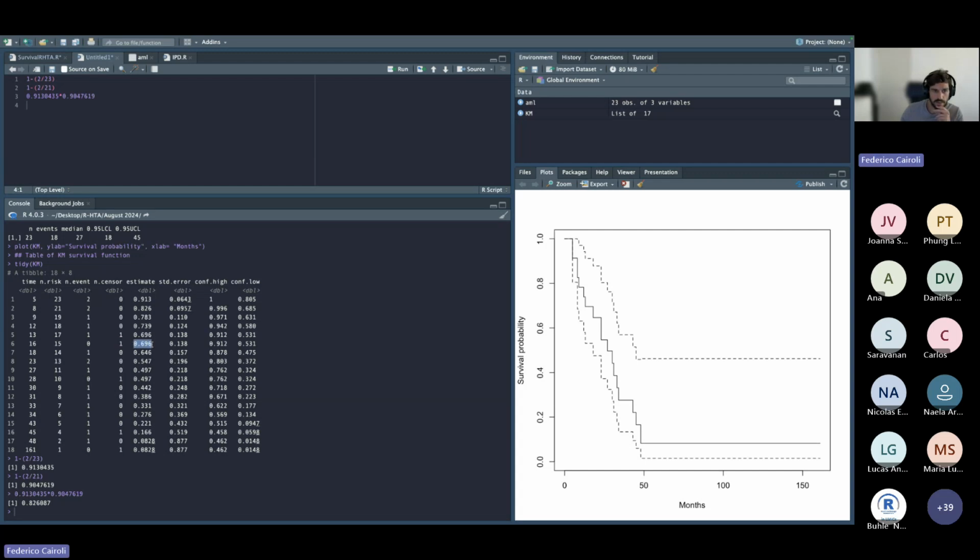But in the next interval, we are going to start with 14 patients at risk, no, 15, because we just lost this patient. And we continue with the number of events divided by 14, and then we multiply. This is the product of all these specific formulas. So this is how R is estimating the survival probability.